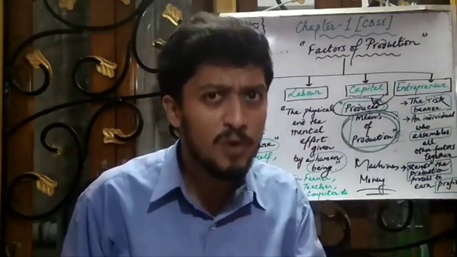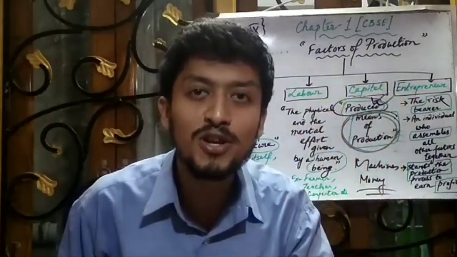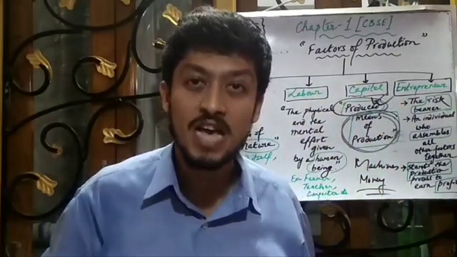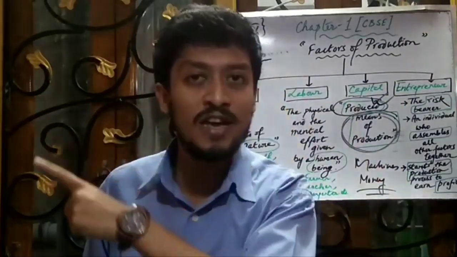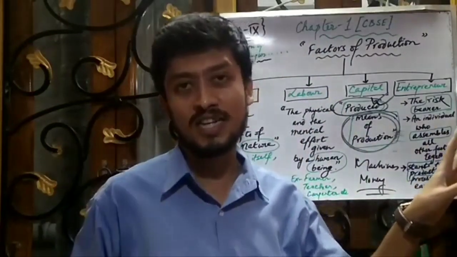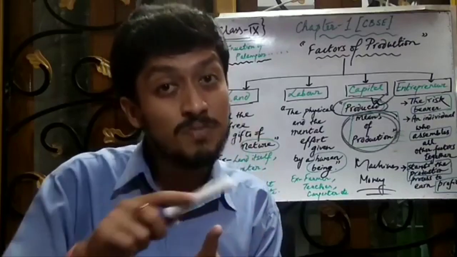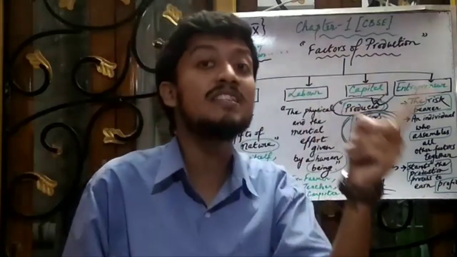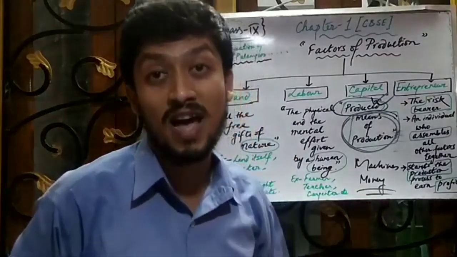And after being produced, that money helps to produce every other thing. There is no service that you can get free of cost. Every service calls for money. So whatever further production happens throughout the economy can happen only with the help of money. That's why money is produced and ultimately helps in further production. That's why we consider money to be also capital.